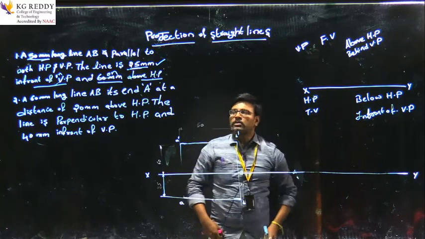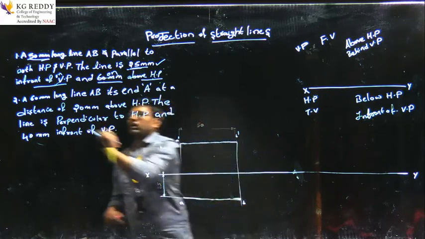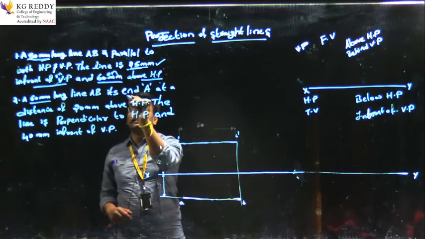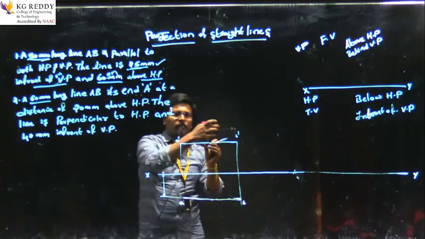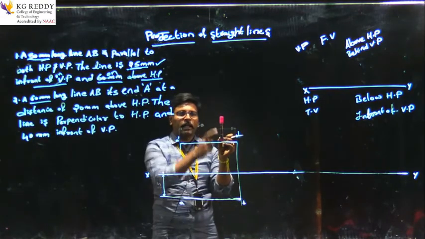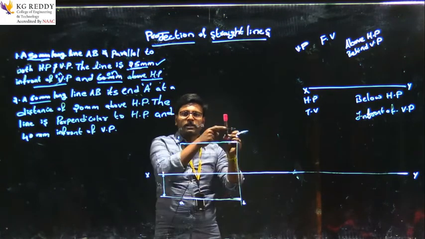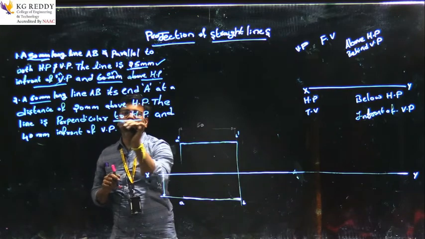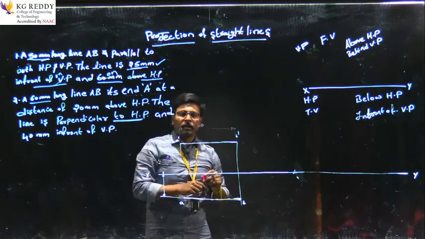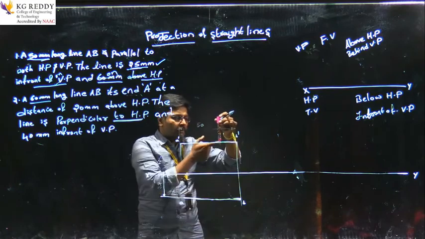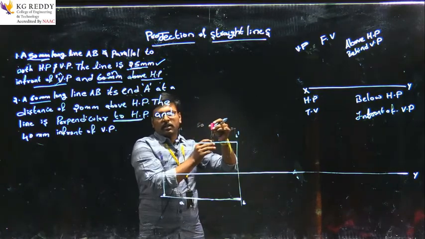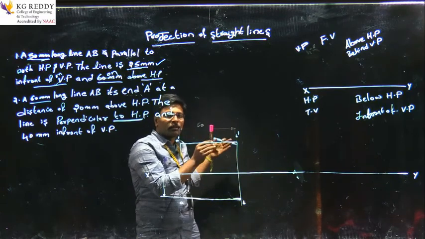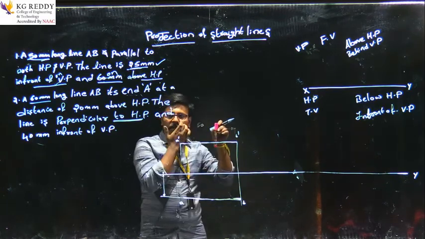A 60 mm long line AB, with two ends A and B, is perpendicular to the horizontal plane, that means the floor, at 90 degrees, and simultaneously parallel to the vertical plane. This is the concept we are given.